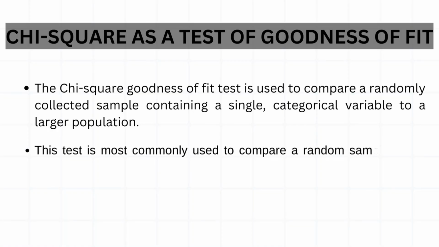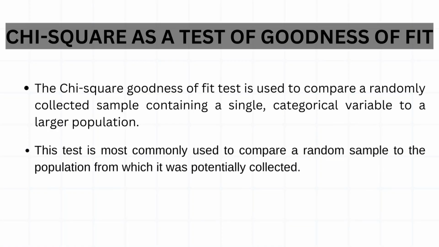In such a case, we can see that there is a single categorical variable. So, we may go for the goodness of fit test, and this test is most commonly used to compare a random variable to the population from which it was potentially collected.